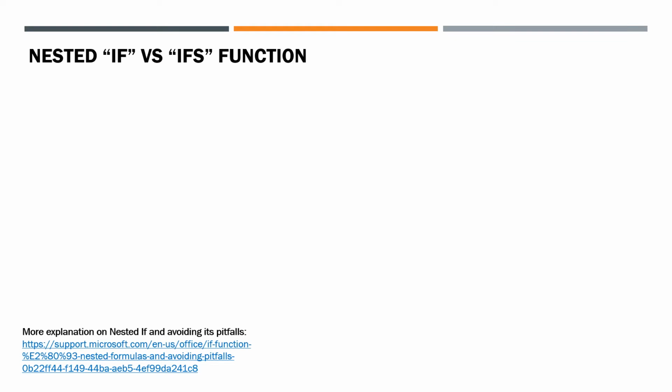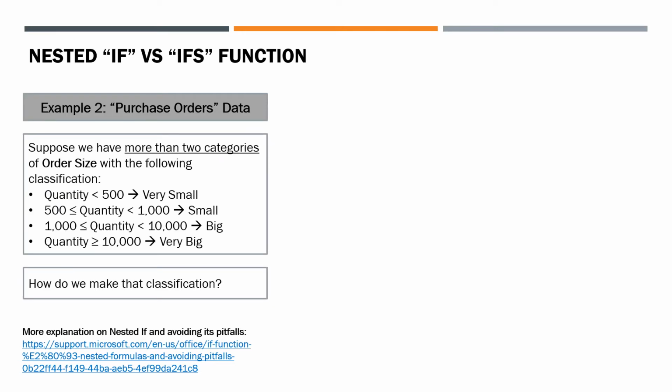Okay, the next logical functions are the nested IF and IFS functions. We use nested IF and IFS if we have multiple conditions or multiple criteria. For example, still in our purchase order data, we have more than two categories of order size with the following classification.